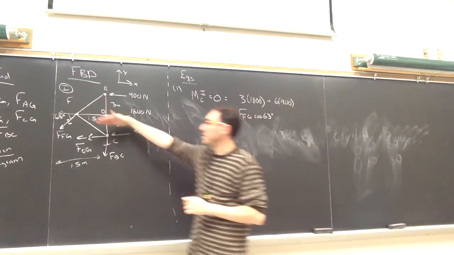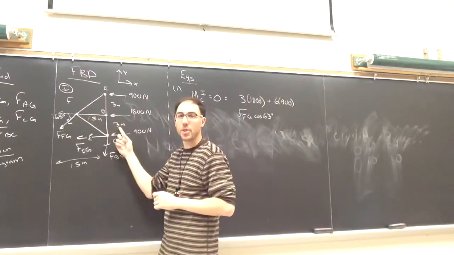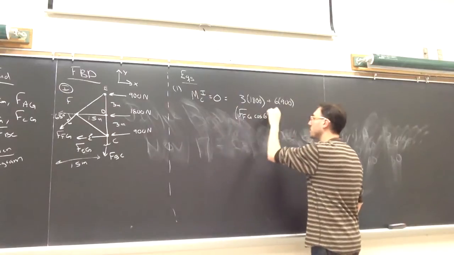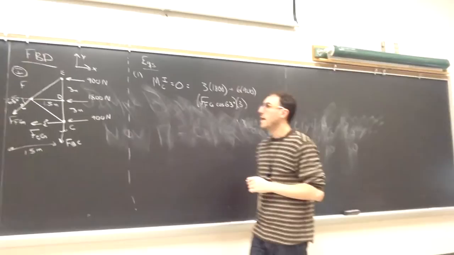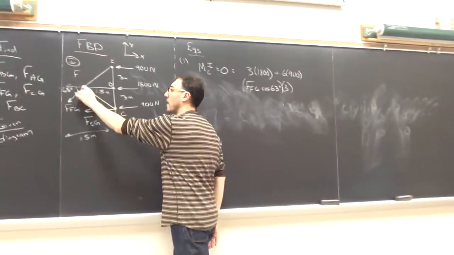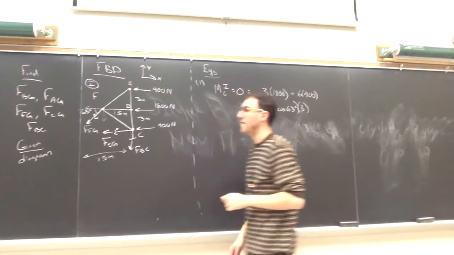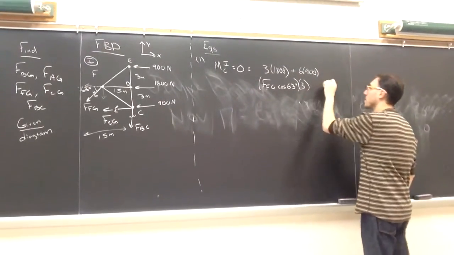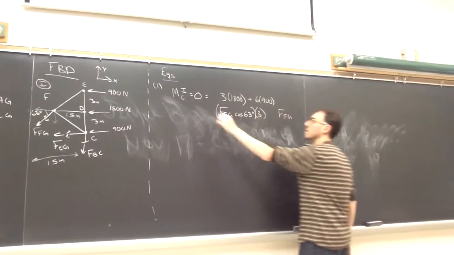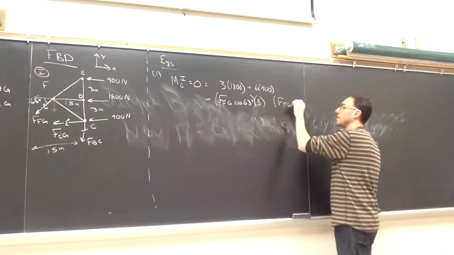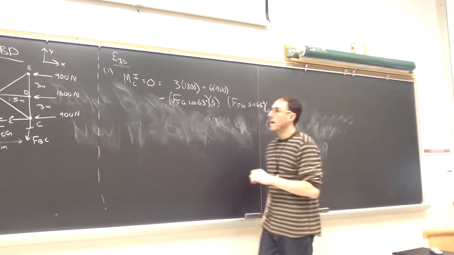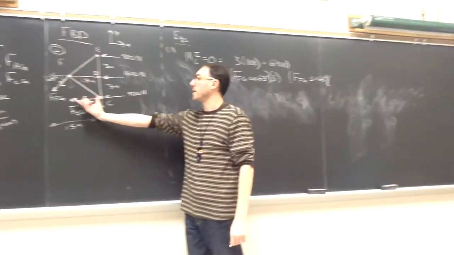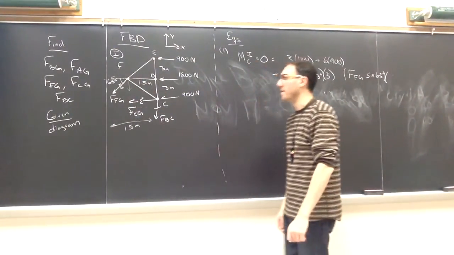And its distance away from point C is going to be the 3 meters. So the force is this times a distance of 3. Then I also will have a moment caused by the vertical component of FFG. So that will be the sine of 63. But that is going to have a perpendicular distance of the 1.5 from point C.